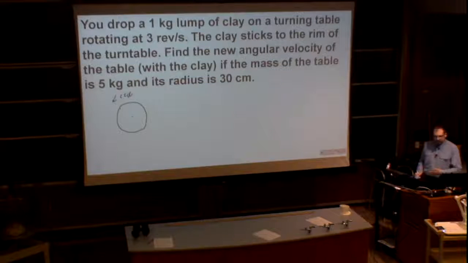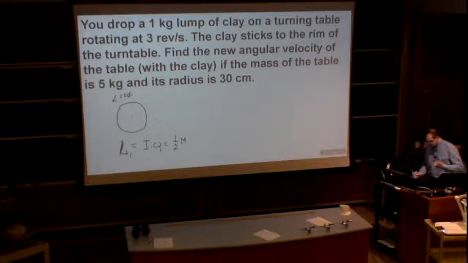And of course, we can calculate the angular momentum, which is equal to the product of rotational inertia and initial angular velocity. And if that's a disk, it's 1/2 mass radius squared times omega initial.